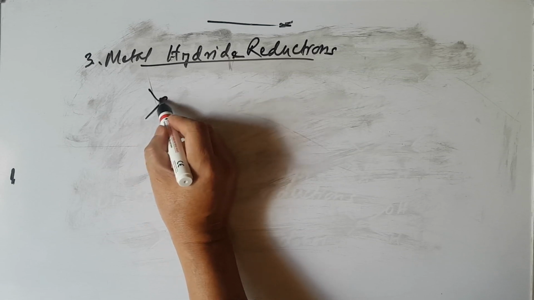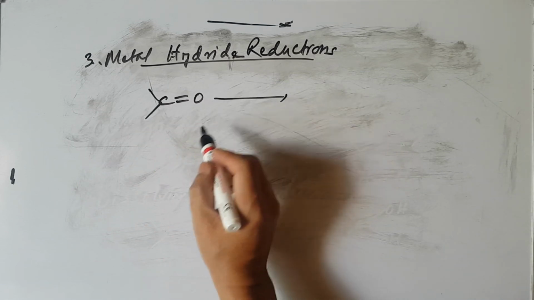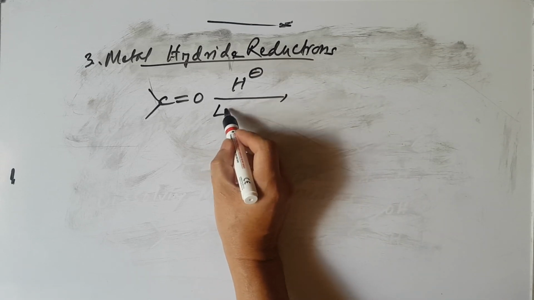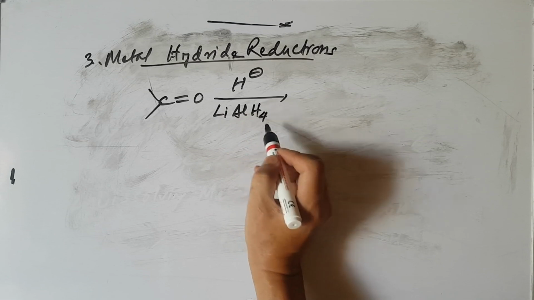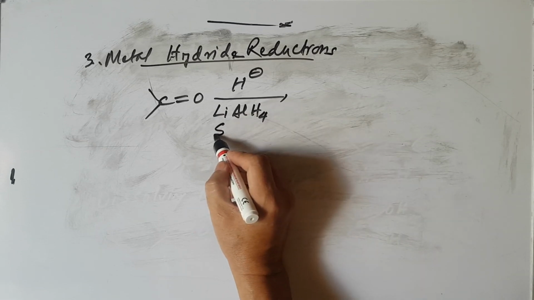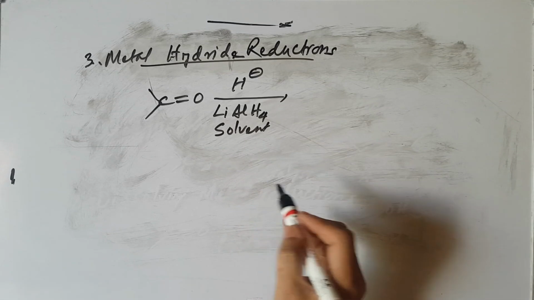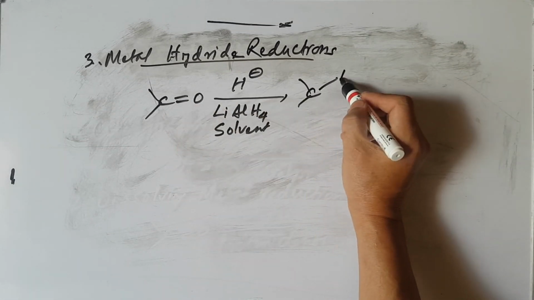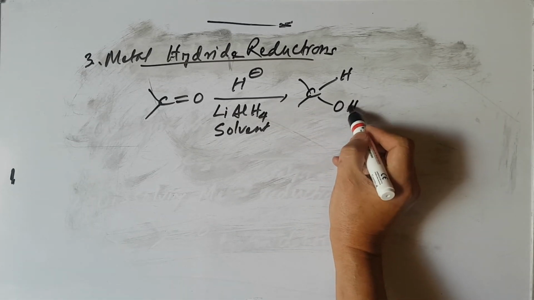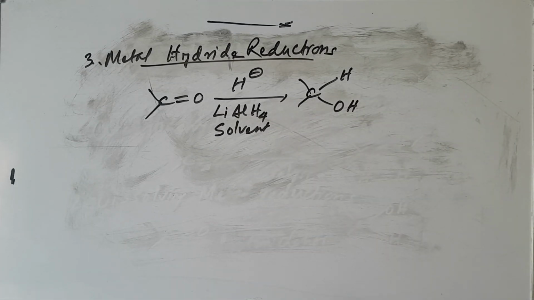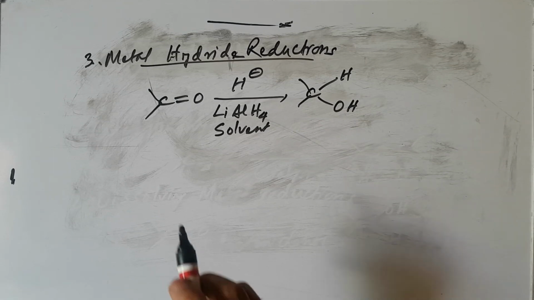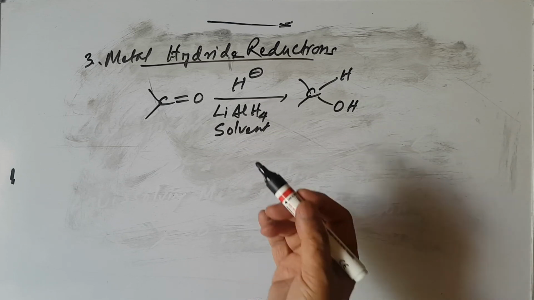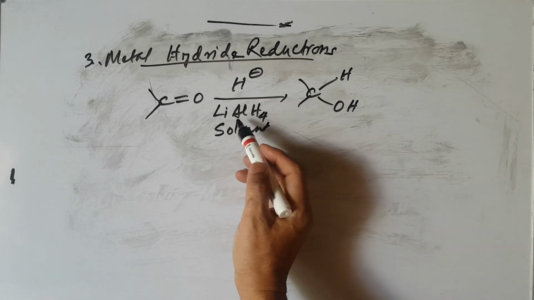For example, with a carbonyl compound, the hydride is transferred from lithium aluminum hydride in the presence of a solvent like a proton donor. Here also the carbonyl compound is converted to a secondary alcohol. So this is the third type, reduction of organic substrates using a metal hydride, lithium aluminum hydride.